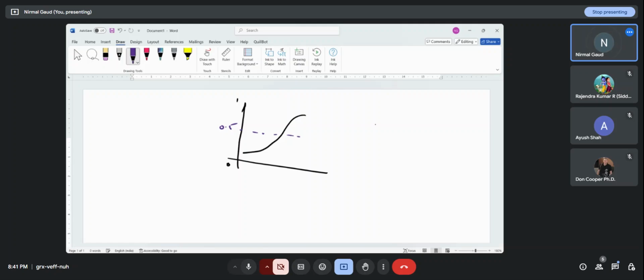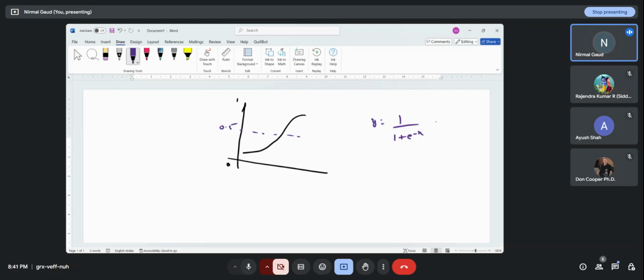And for it, the equation is given as 1 upon 1 plus e to the power minus x. This is how the relationship has been given between dependent and independent variable, y equal to 1 upon 1 plus e to the power minus x.